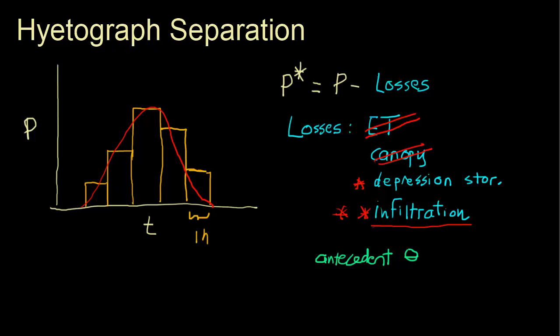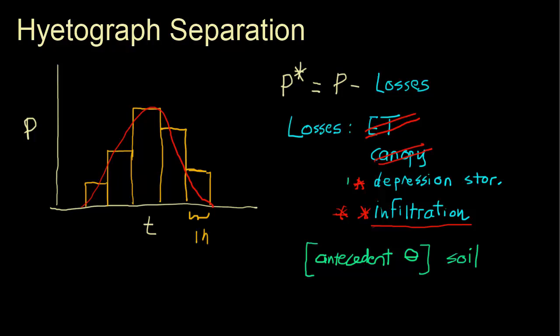So when we're dealing with the biggie here, infiltration, a huge factor that we need to take into consideration if we want to do this rigorously is the antecedent moisture content of the soil. Now, the problem here is that in many cases we really don't know this. So if we really want to do this rigorously, there's a lot of things that we don't know very well.